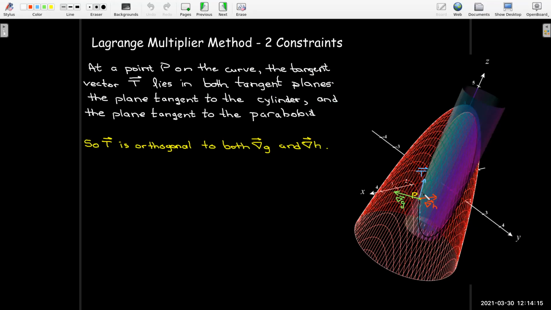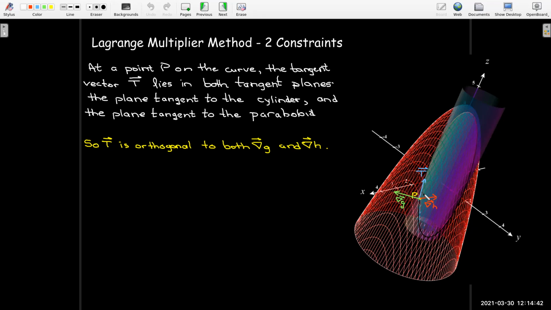And that would mean that the tangent vector is orthogonal to both gradients, the gradient of g and the gradient vector for h. So think about that, because remember the gradient vector can serve as a normal vector for the tangent plane to that particular surface.